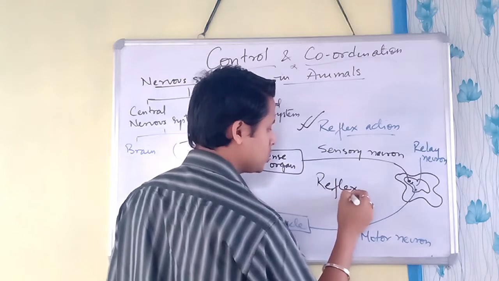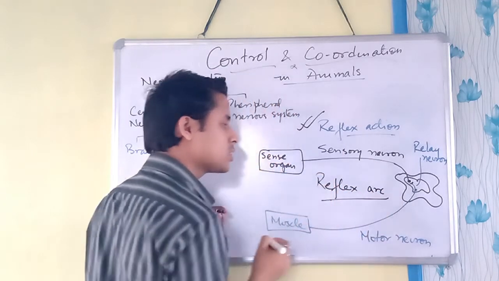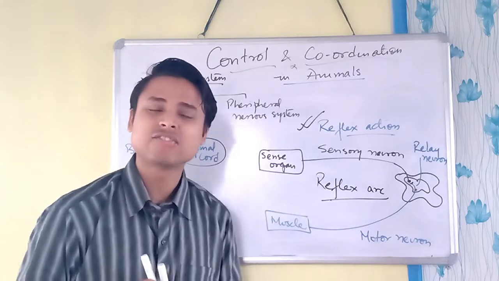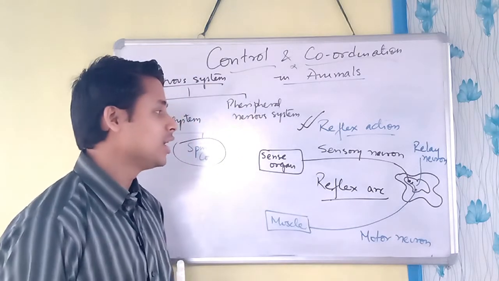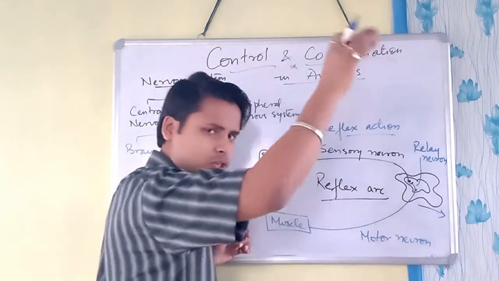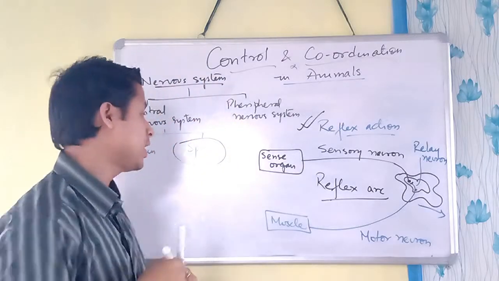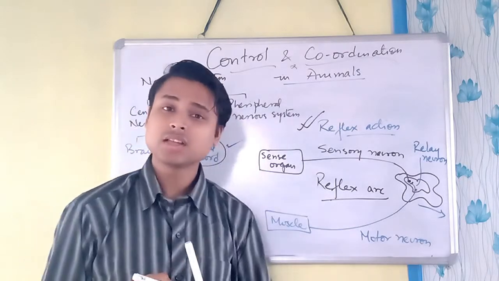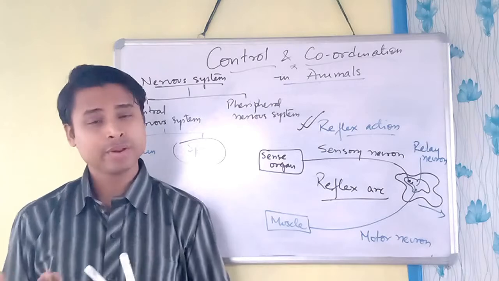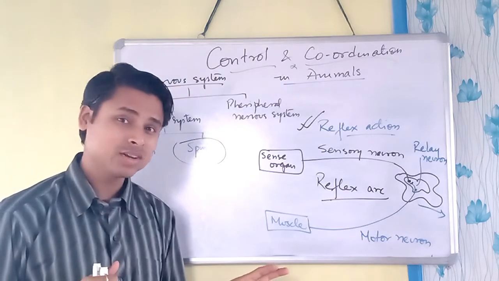This arc which forms in the reflex action, we call it the reflex arc. Now the spinal cord will later send the information to the brain. So this is how the reflex action happens, and it is controlled by the spinal cord. Later the brain will get the information, right? So I hope you are clear with this one.